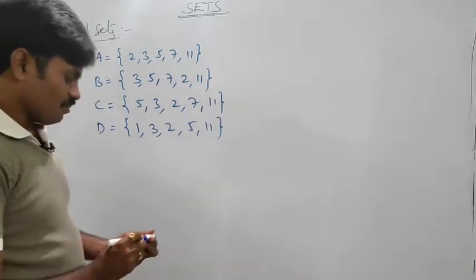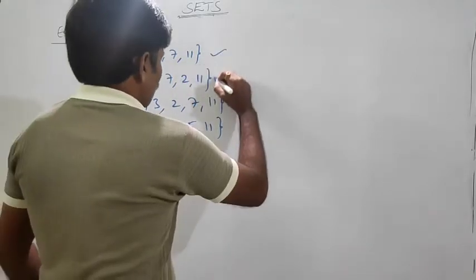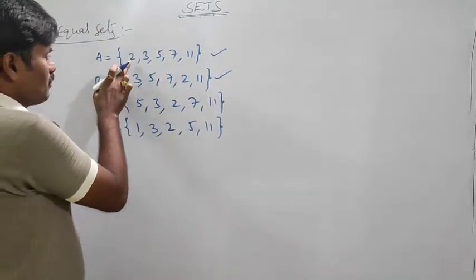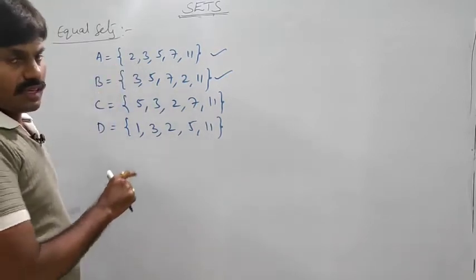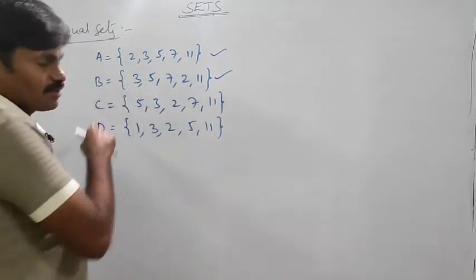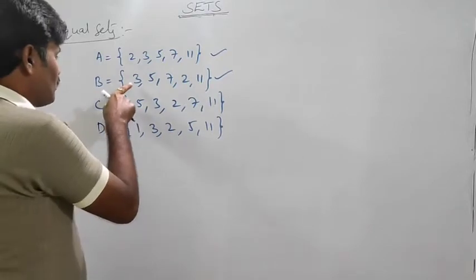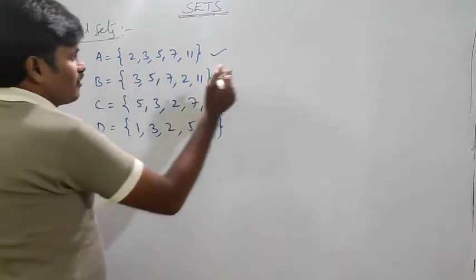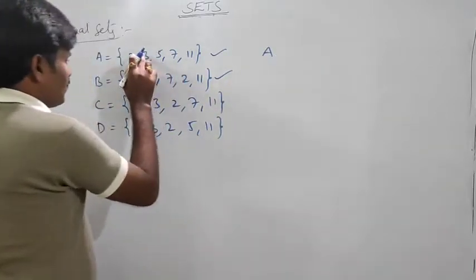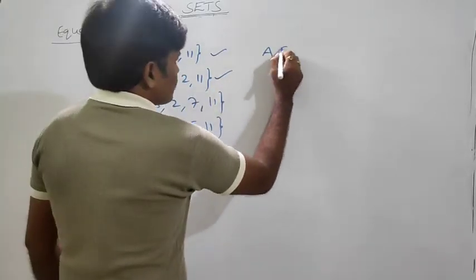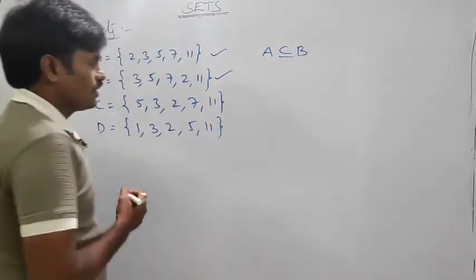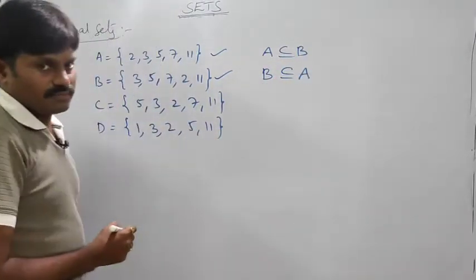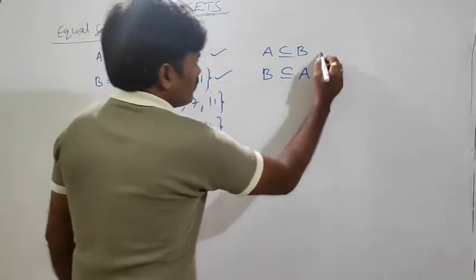For example, I am considering only these two sets. Now, do the elements which are in set A all belong to set B or not? Yes. Do the elements which are in set B all belong to set A or not? Yes. So we tell the relation between these two like this: A is subset or equal to B and B is subset or equal to A. So from this what can you write?